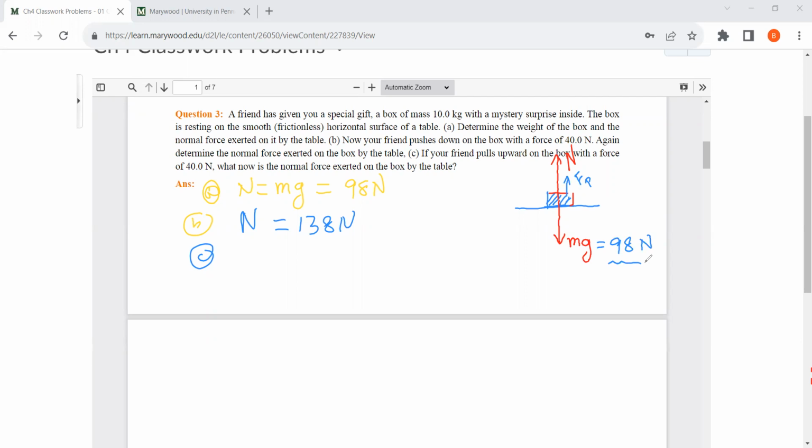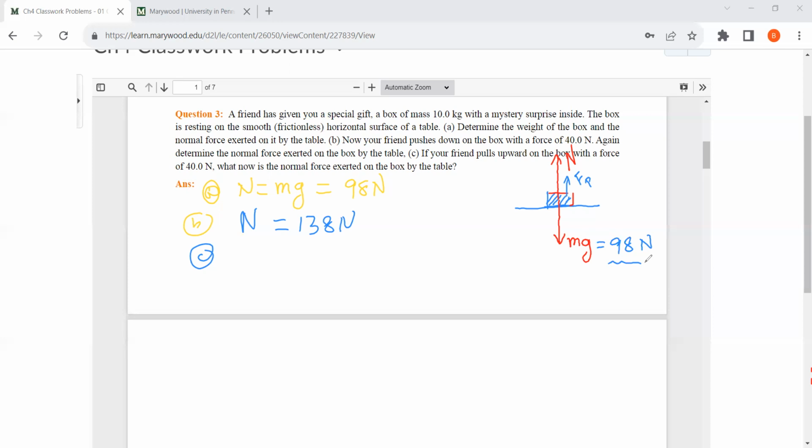If you want to pull it upward, you need a force greater than 98 Newton so that it will no longer be on the table, it will be hanging in the air.